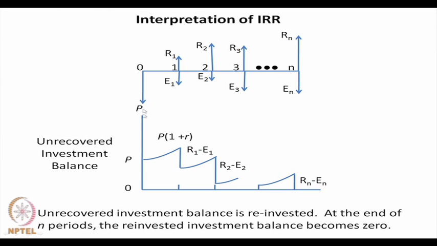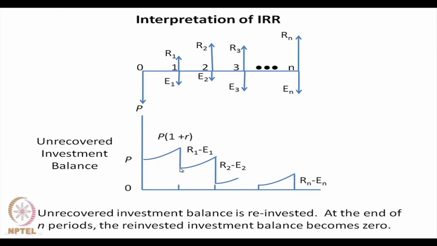So, if P is reinvested, its equivalent amount at the end of 1 year is P into 1 plus R, and then at the end of year 1 the net revenue is R1 minus E1. By that amount the amount is reduced. So, the unrecovered investment balance is P into 1 plus R minus R1 minus E1.